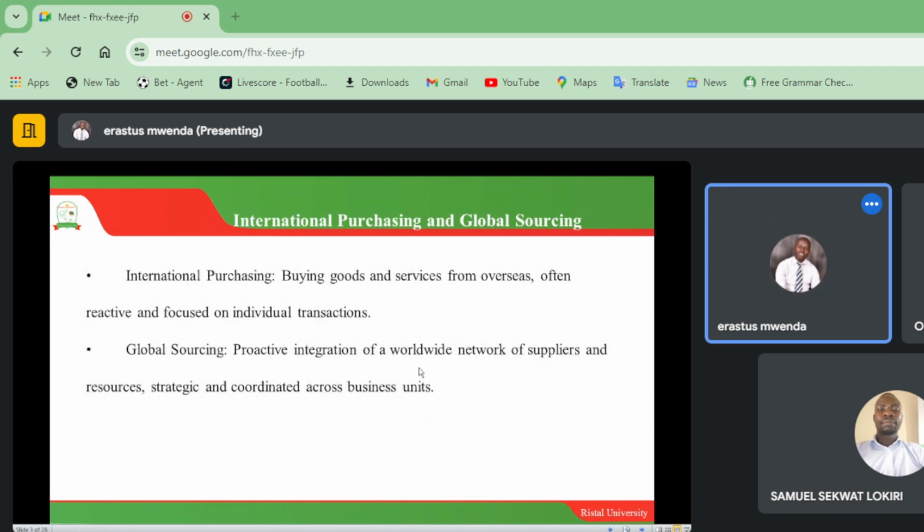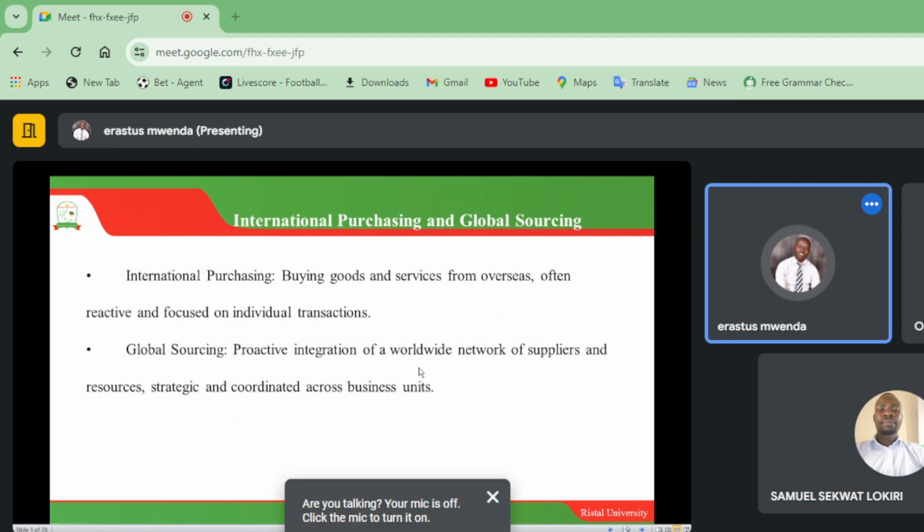So we now focus on what we call international purchasing and global sourcing. We want to understand the meaning of these two terms. When we talk about international purchasing, we are referring to the buying of goods and services from overseas. Overseas means anywhere outside the country that you are in.